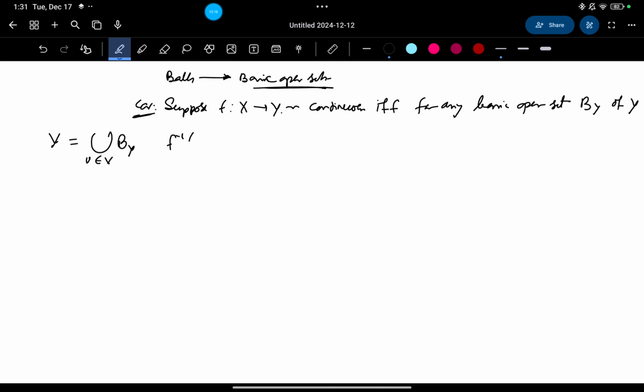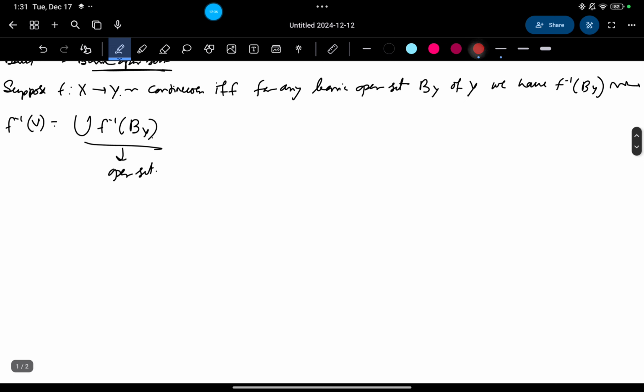So f inverse V is nothing but the union of all f inverse b. So this must be an open set.